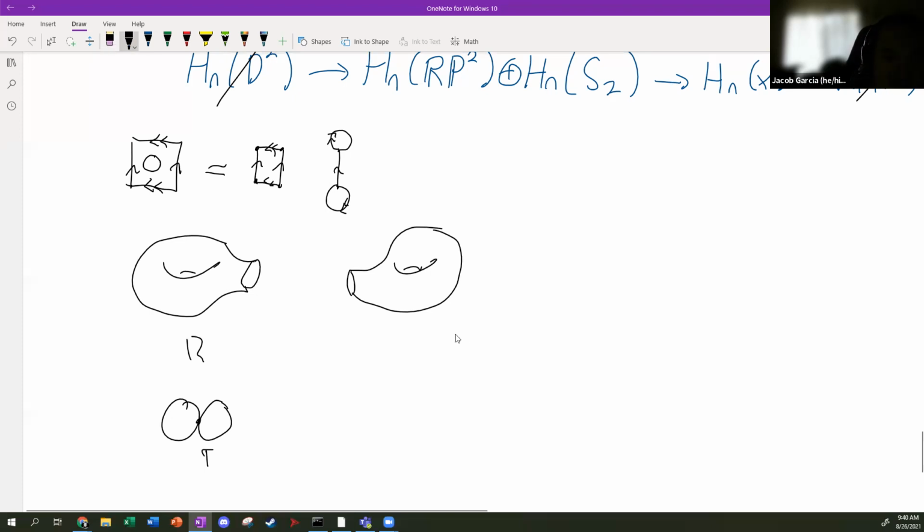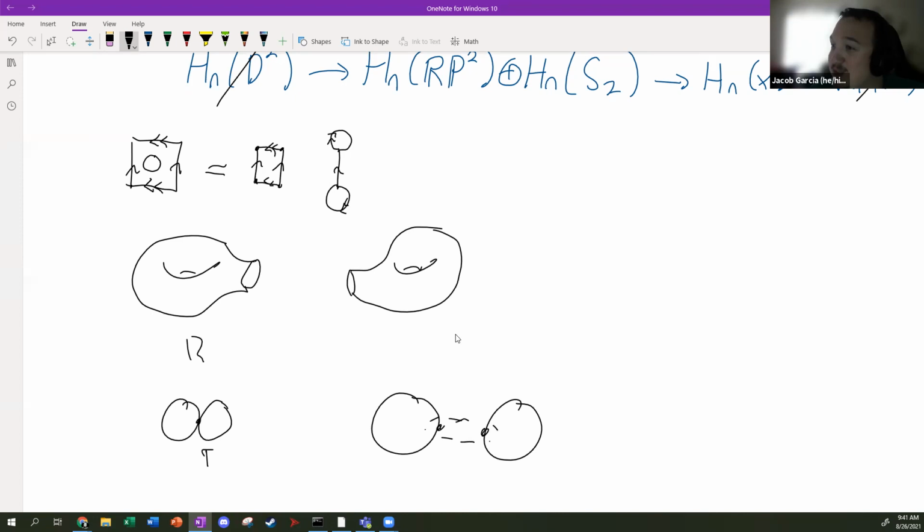Okay, and then you're like, okay, what's the homology of the figure 8? Well, in order to figure out the homology of the figure 8, use Meyer-Vietoris on two circles where the intersection is a point, and hopefully you know the homology of a circle and the homology of a point, right? And so you can do all of this problem, and if you want to figure out the homology of RP2, you can figure it out by using Meyer-Vietoris, right?